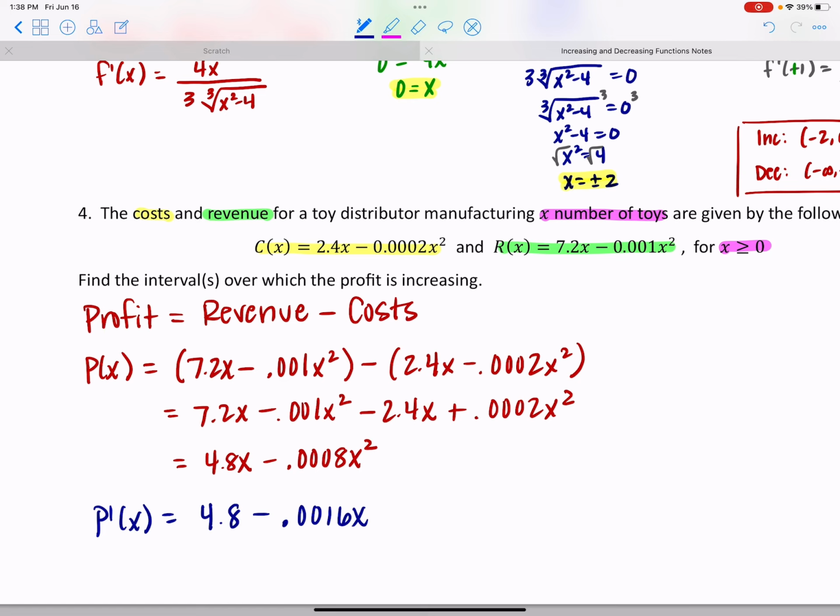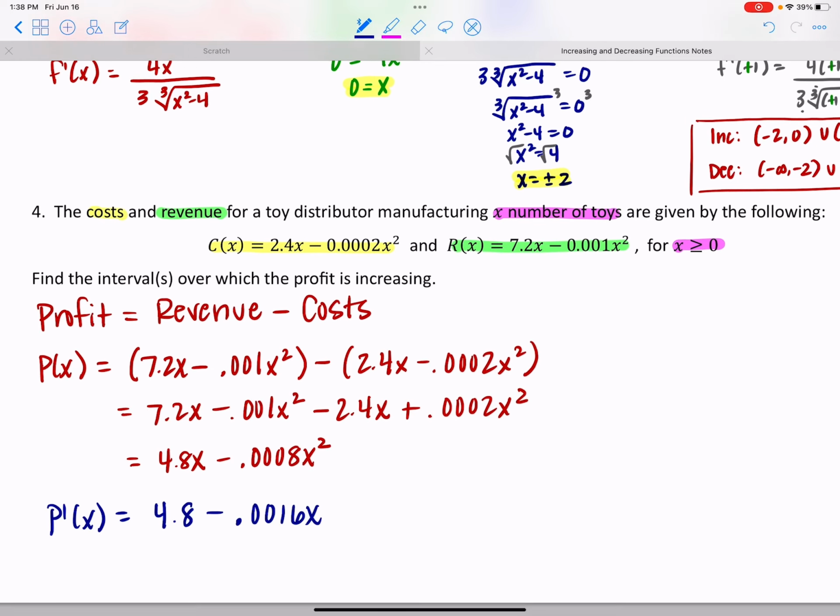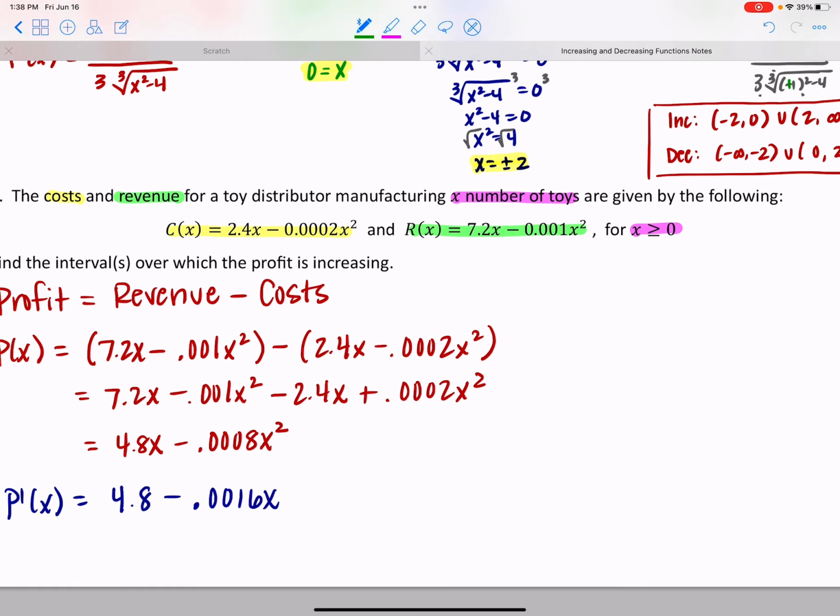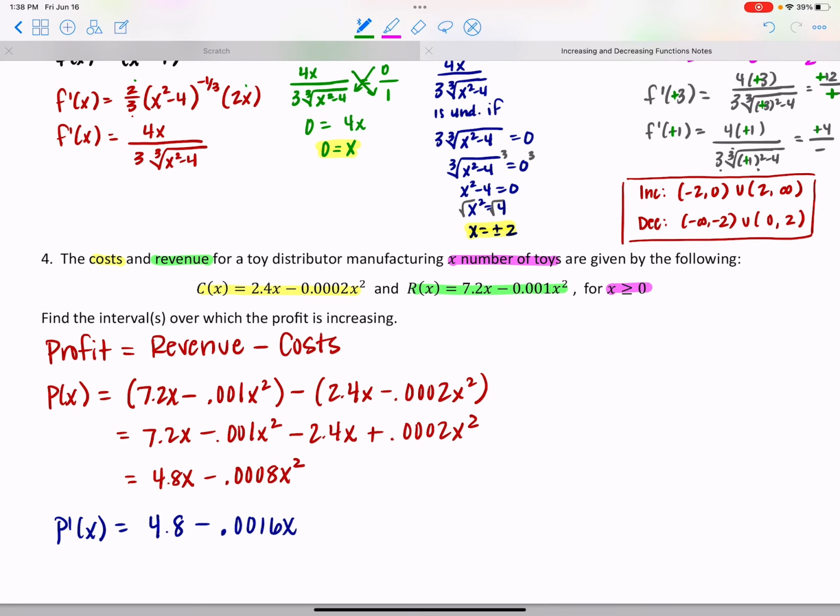So where is this profit going to be increasing? Let's figure out our critical numbers. What's going to make our derivative equal 0? What makes 4.8 minus 0.0016x equal 0?